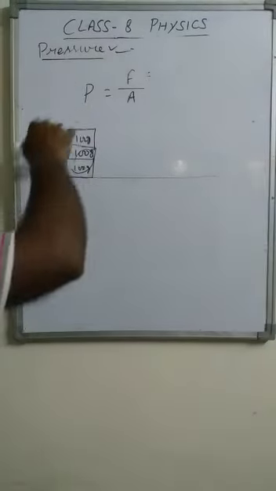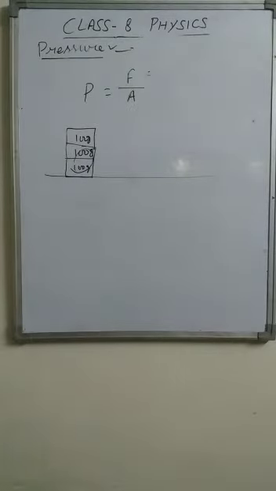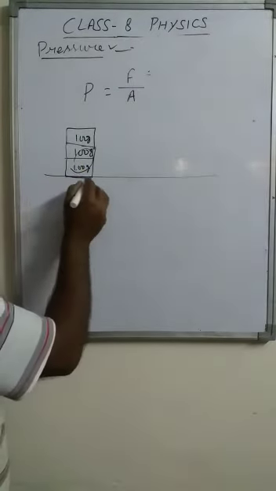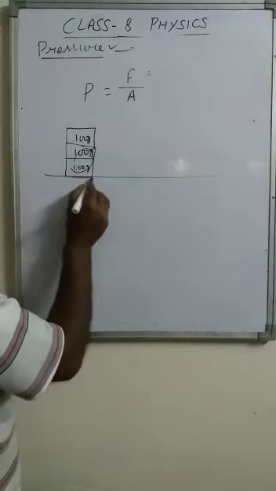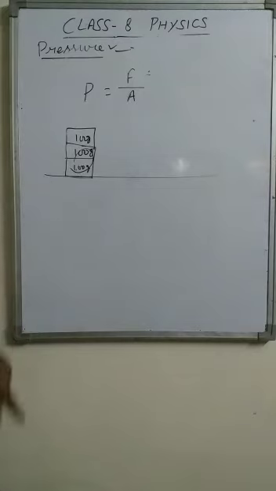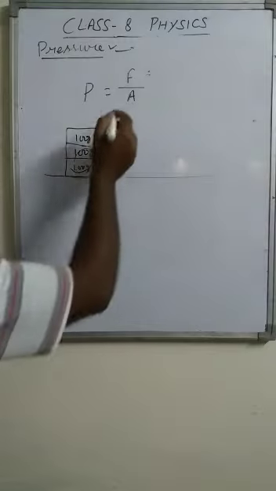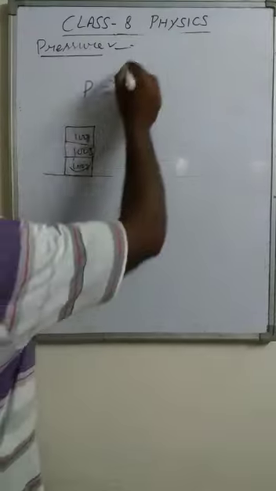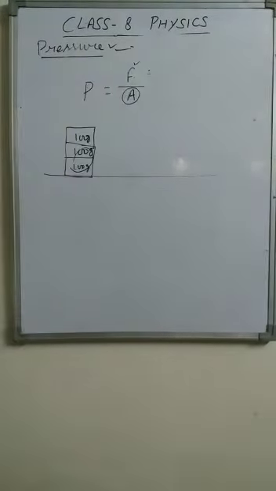So keep on adding more 100 grams, you find the pressure increases on the surface. Here you see the area. We are adding the weight on this part, but the area remains the same. So area remains same, but we are increasing the force. On increasing the force, the pressure also increases.